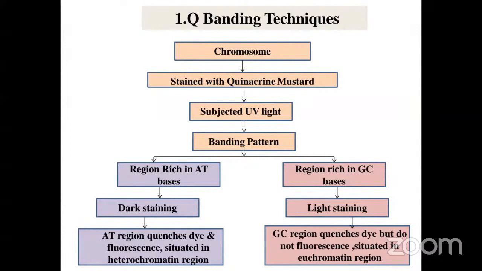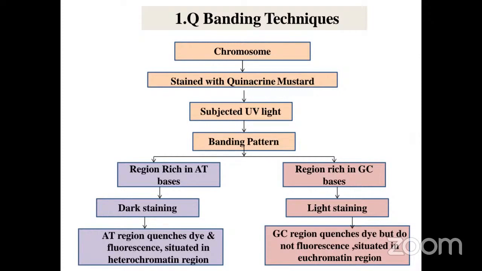If you look at the Q banding technique, quinacrine mustard stain is used to stain the chromosomes. You can see the output of the Q banding technique. There we can find dark bands in regions rich in AT bases, and regions rich in GC bases are indicated by light staining.